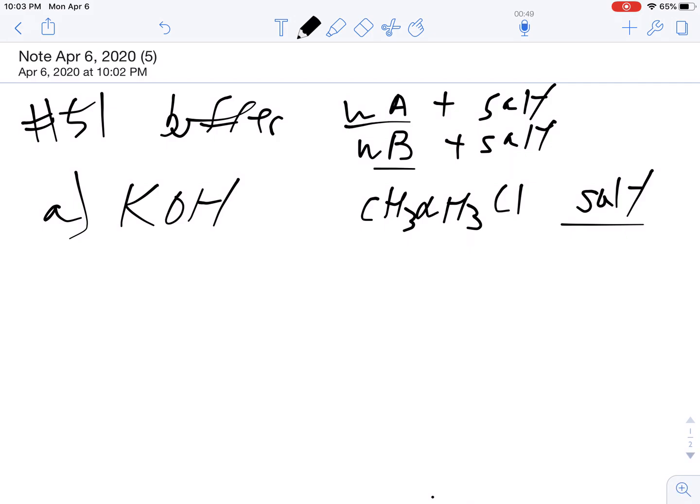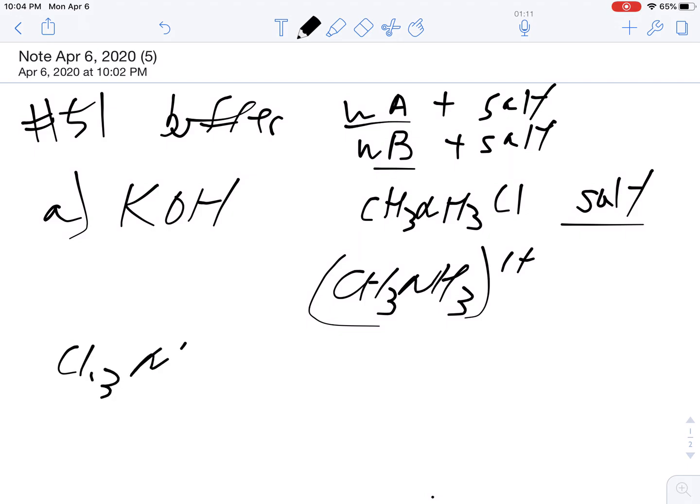But is it possible that I am going to create the weak acid or the weak base as I add the potassium hydroxide? Because my salt will do this, right? So what will adding potassium hydroxide do? Actually, I don't care about the potassium.